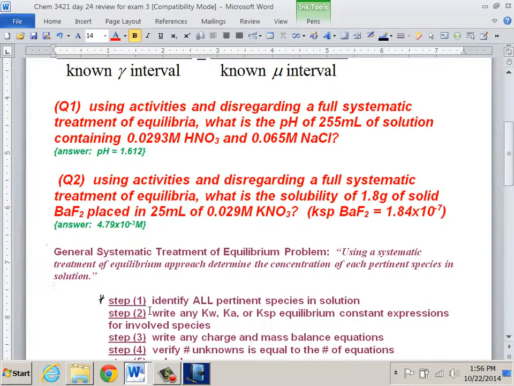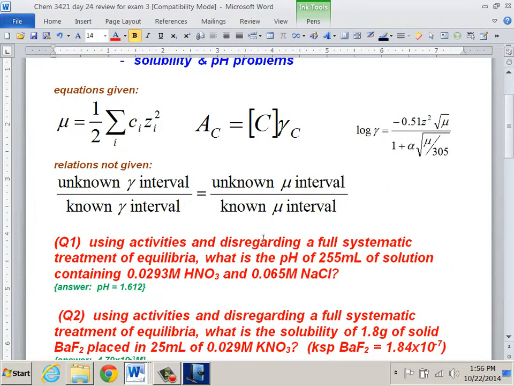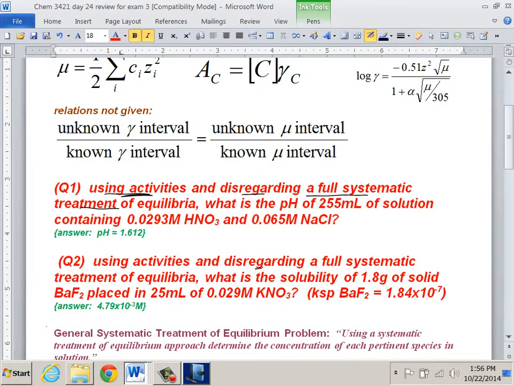We've got some problems where we're starting out by disregarding this full systematic treatment. All we're doing is just doing activity problems, right? Same thing here, we're disregarding the full systematic treatment, just using activities. So when it's just a using activities problem, you just set things up as normal, right?